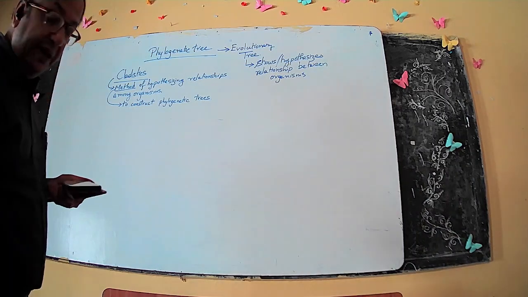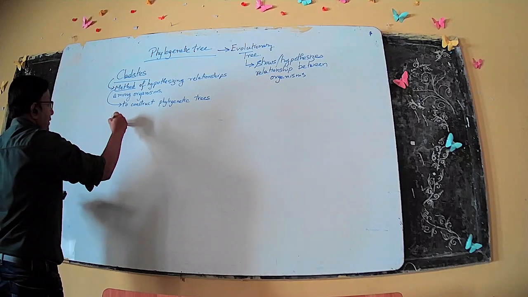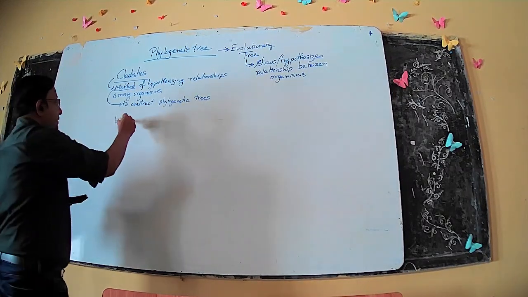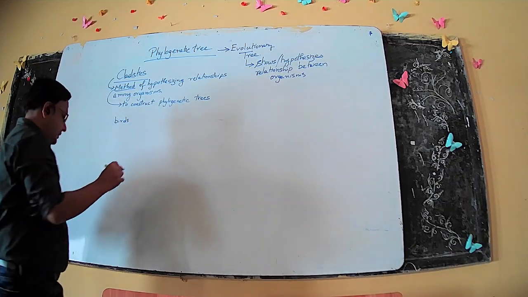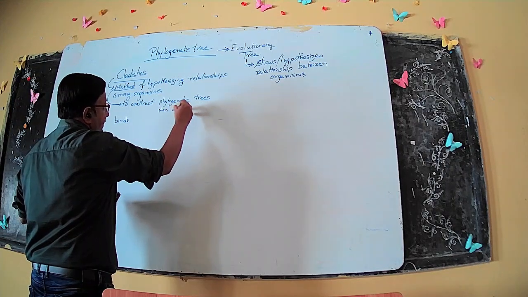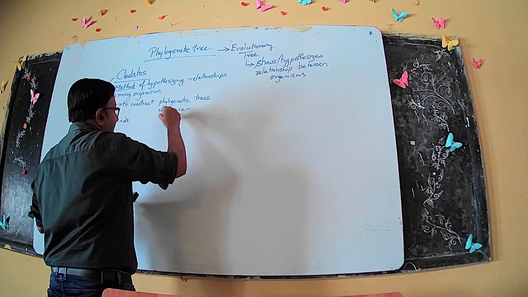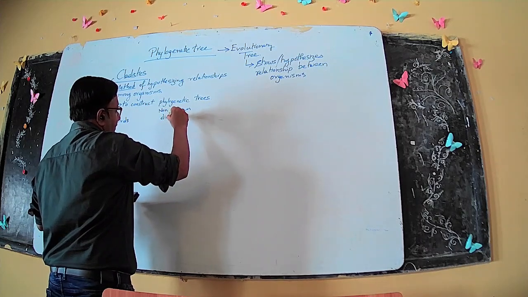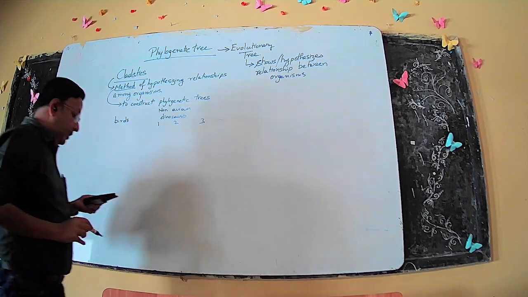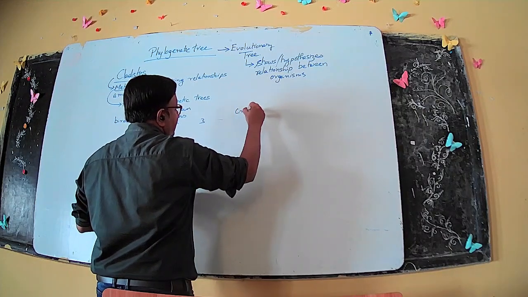So for example, I am drawing one bird, non-avian (avian means bird) dinosaurs 1, 2 and 3. We are talking about 3 species. And you have crocodiles.